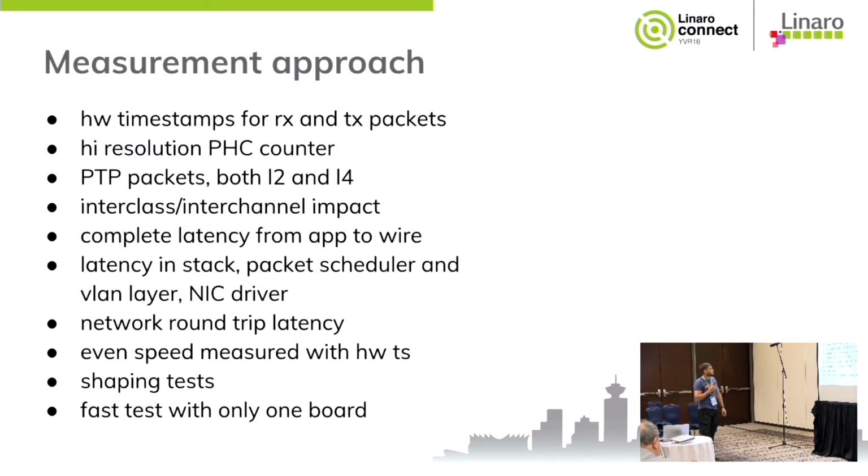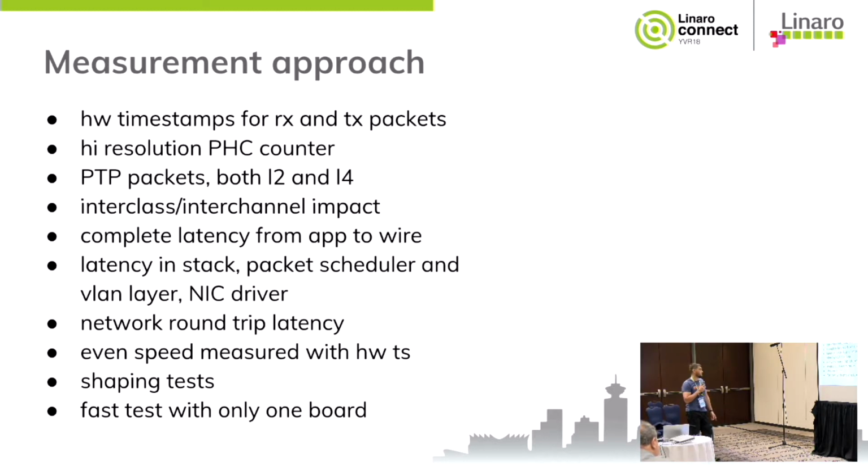So first of all, let's describe the measurement approach we used. For that we used hardware timestamps that can be taken on both the RX and TX side using a high resolution PHC counter. This PHC counter generates timestamps when a packet leaves and is received on the line.